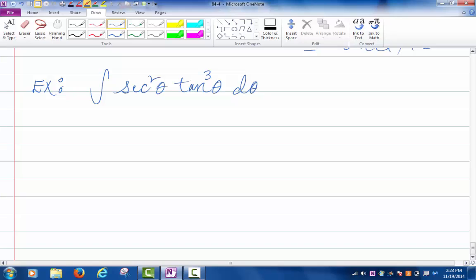Now remember, whatever u you pick, the derivative of that u must be a factor in the integrand, right? You agree with that? So remember the integrand I have here is basically secant theta whole squared, and this is tangent of theta whole cubed.